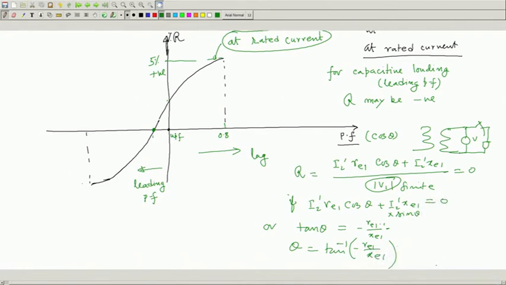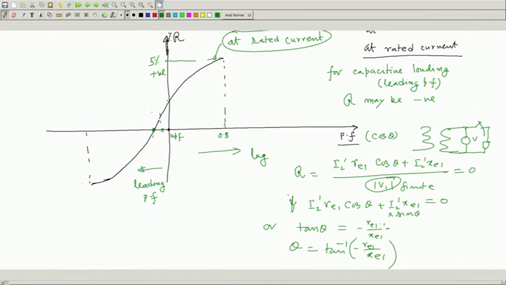So, one should not get surprised if I have connected a load and voltage has risen. Maybe you have connected a capacitive load. Not for all capacitive loads will it be negative or 0, because for a capacitive load of some power factors, regulation will become positive.